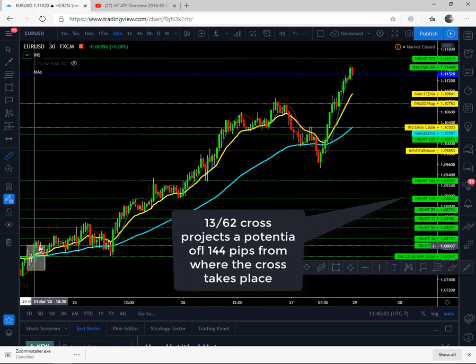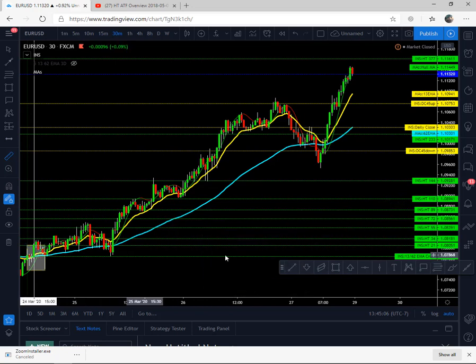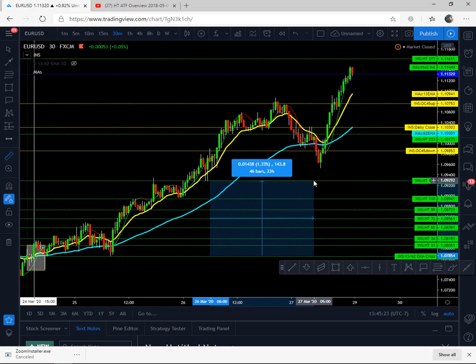So if I drag my ruler from this INS line where the 1362 happened, and then drag up, I should see those 144 pips that I was telling you guys about.